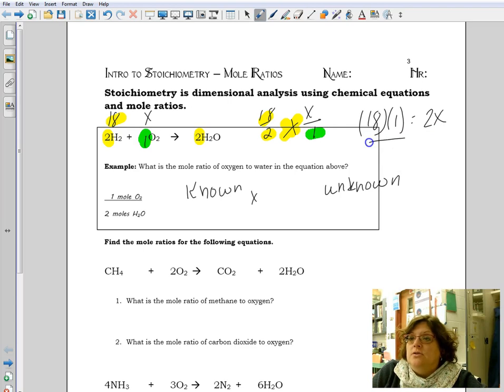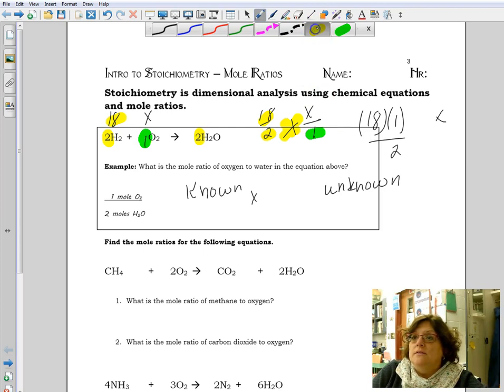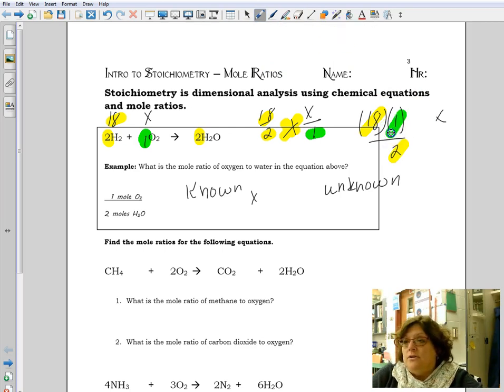Divide both sides by 2. We get x is equal to 18 times 1 divided by 2. That 18, remember, is our known. 2 is our known amount of coefficients, and 1 is our unknown coefficient. Okay?